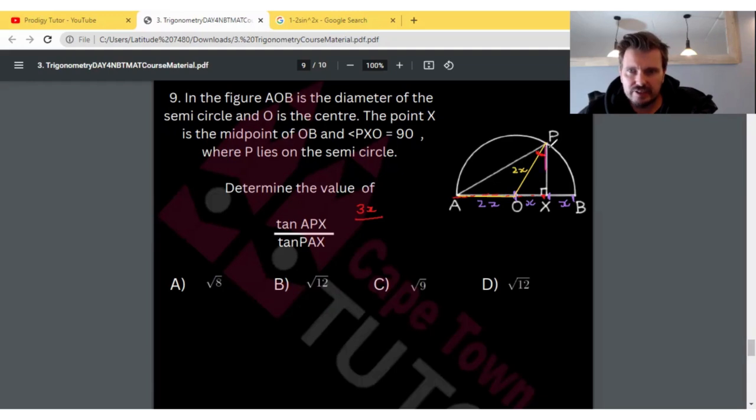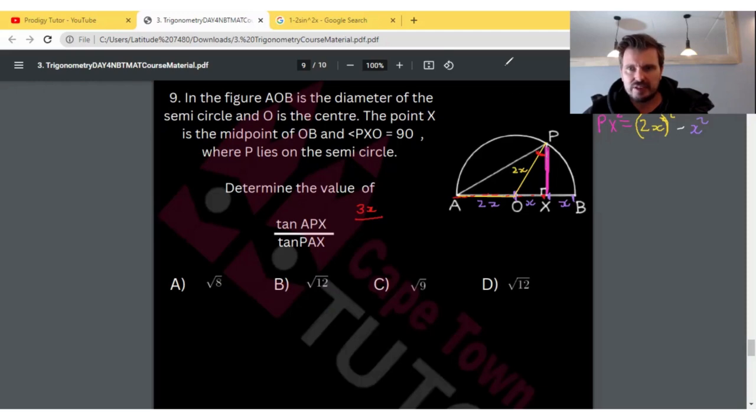I'm going to figure out PX in pink on the side. Do you see that this is a right angle triangle? So we can use Pythagoras. PX squared is equal to the hypotenuse squared, 2x squared, minus the little side squared, x squared.